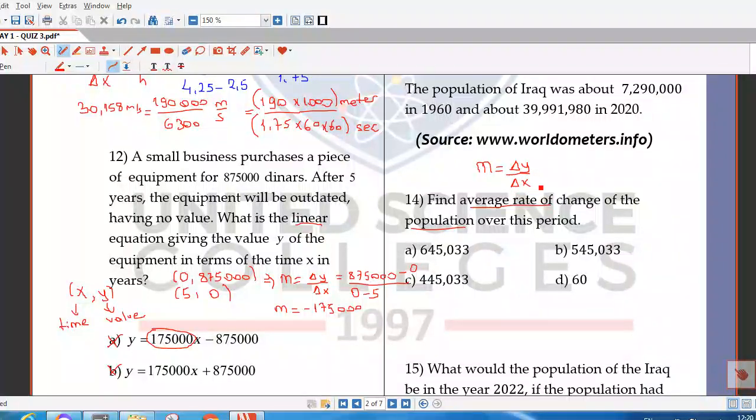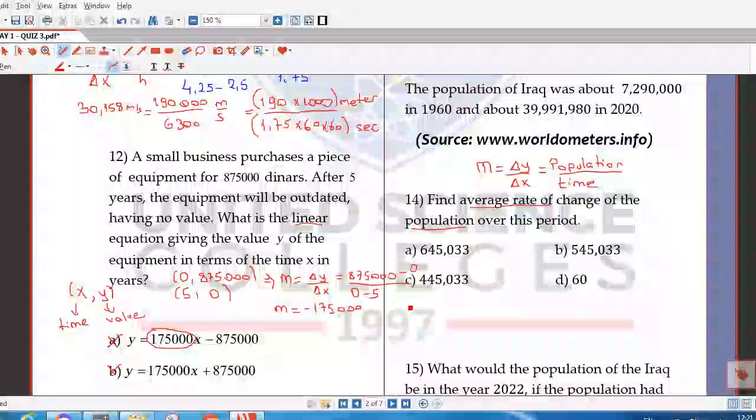Y and x change in each type of problem. Population per year, so y is going to be the change in population, and x is going to be used for change in time.